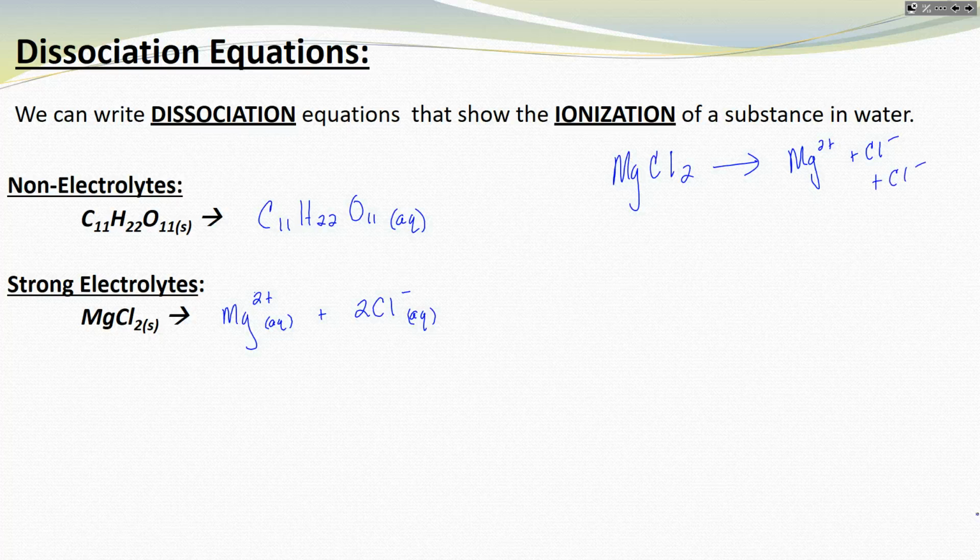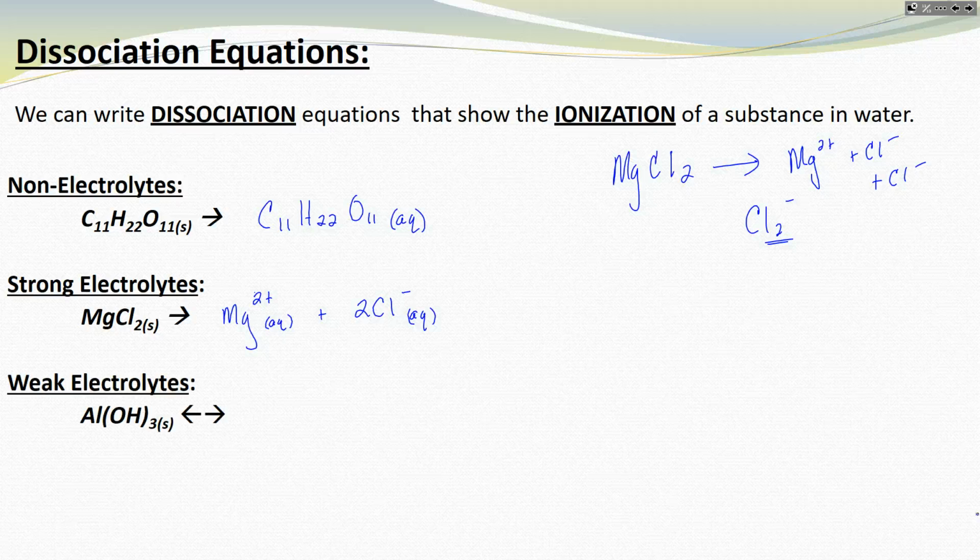We're making two Cl-, not Cl2-. Very, very important distinction there. If you write it like this, you're implying that the chlorides are bonded together, when in fact they are just ions floating around.